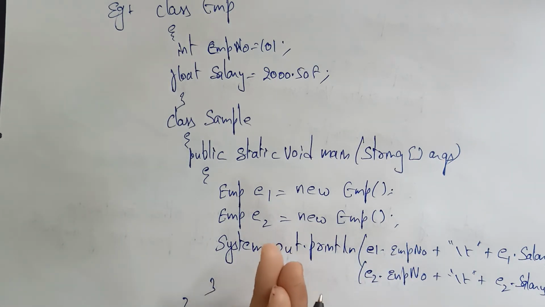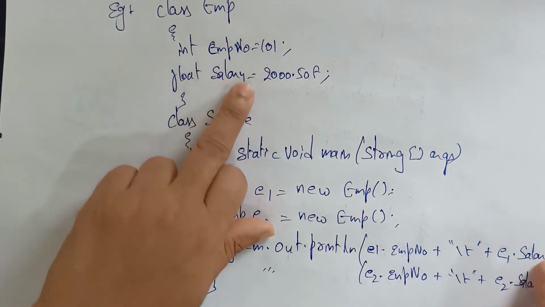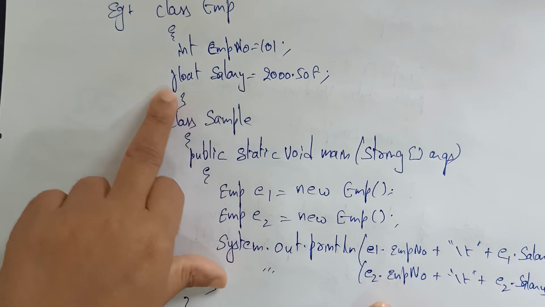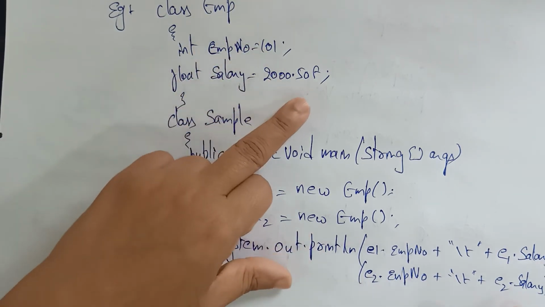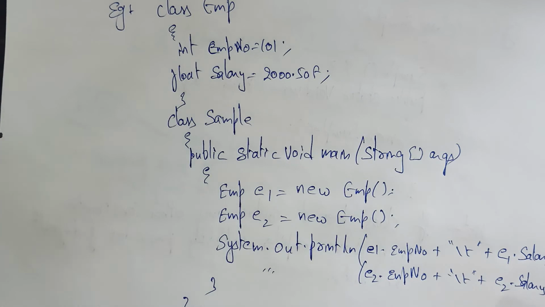That is what we are explaining here. Here E1's employee number 101 is created, and E2's employee number is also the same value 101, so the objects are going to be accessed with only the same value. So this is only suitable for one object only.